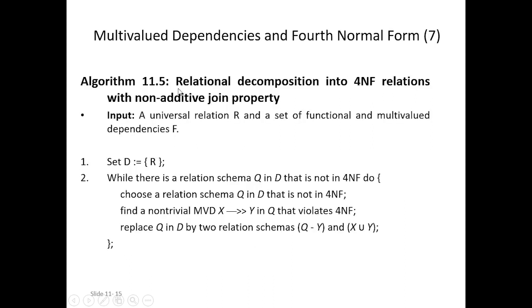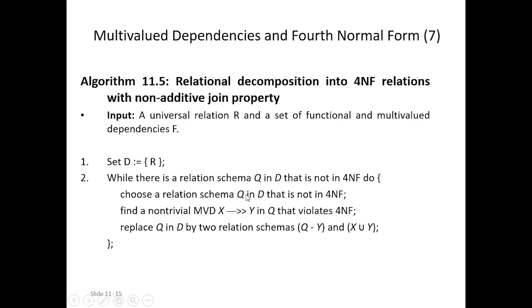Then there is an algorithm for relational decomposition into 4NF relations with the non-additive join property. Again we have an input, that is a universal relation R and a set F of functional and multivalued dependencies. Initially set D as the given universal relation R. And while there is a relation schema Q in D that is not in 4NF, we do this step.